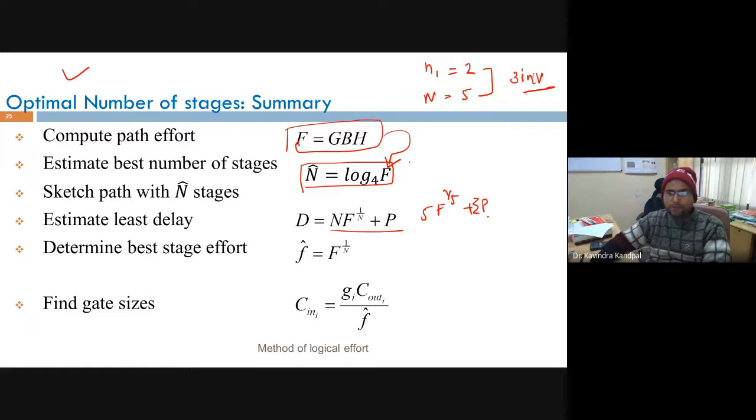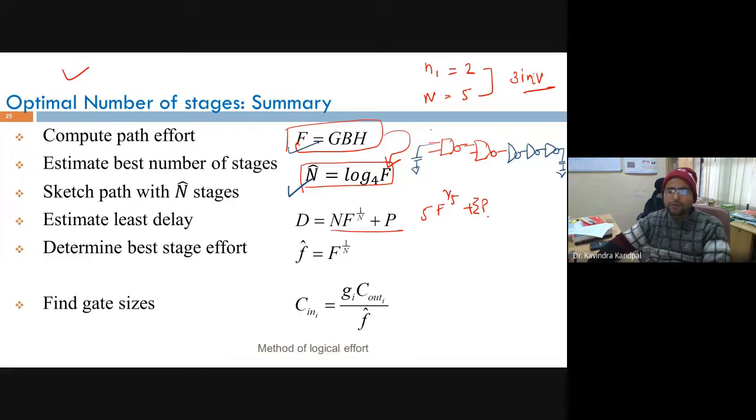Now let's say your circuit was initially like this, and later on you have added 3 inverters to optimize the delay. So this is one capacitance here, this is one capacitance here. You have verified that the number of stages is supposed to be 5. F is this one.